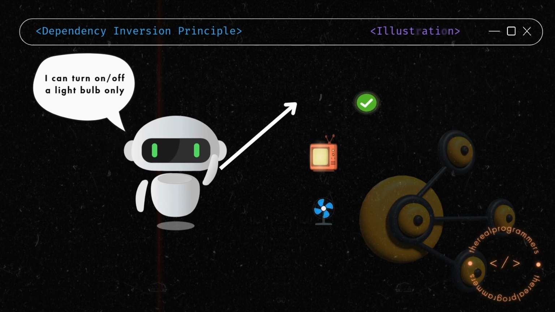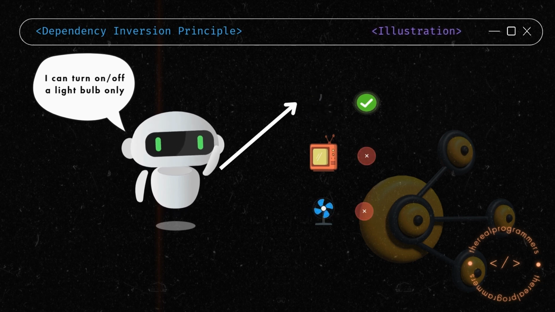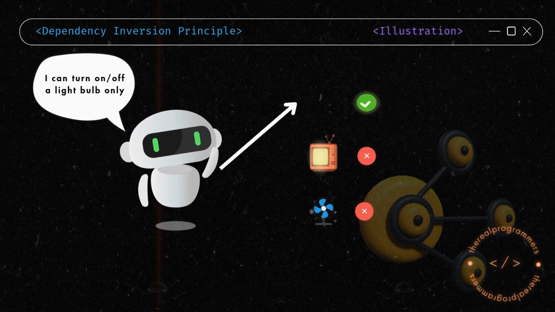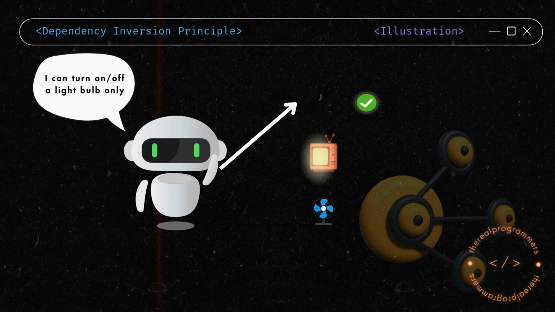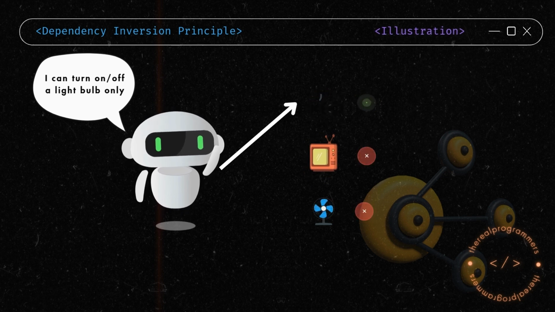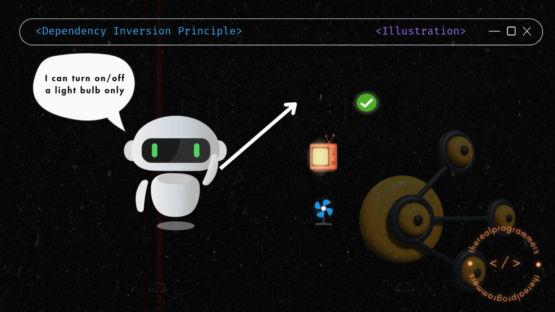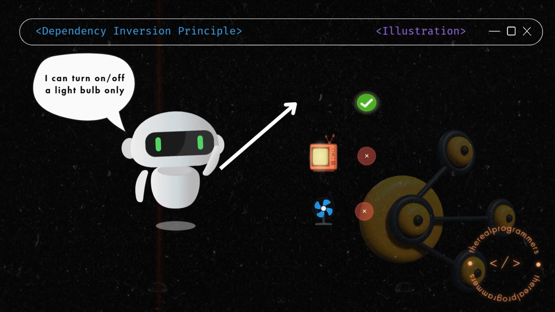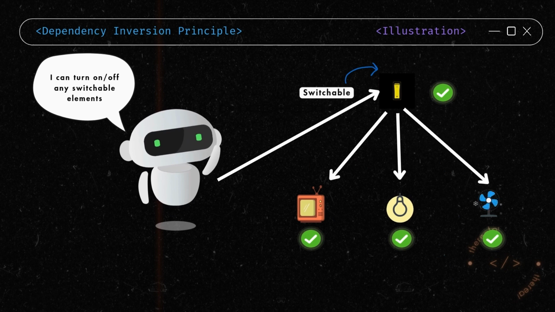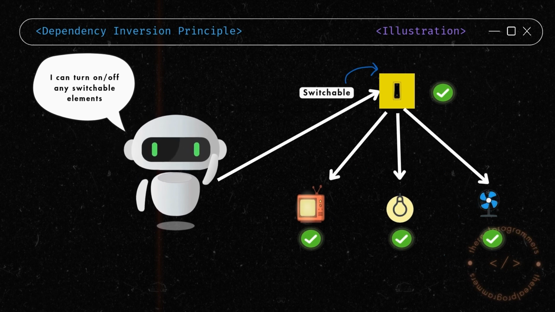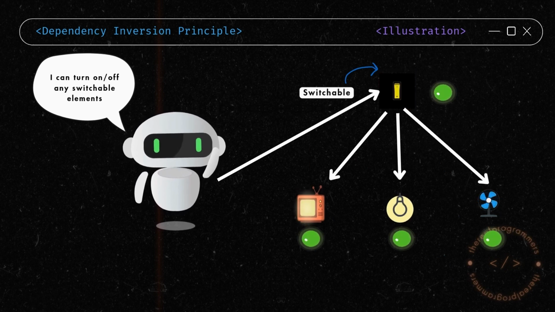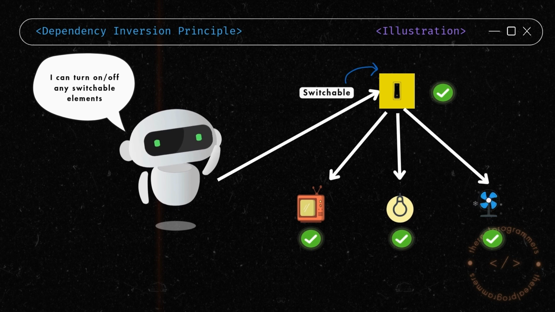The class, which is represented as a robot in the diagram, is directly dependent on a concrete class represented as a light bulb. The class can only operate the light bulb and cannot operate any other device because the class is tightly coupled with the concrete class light bulb. So this can be solved by inverting the dependency of the program.